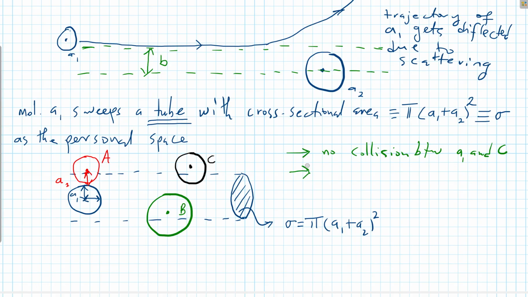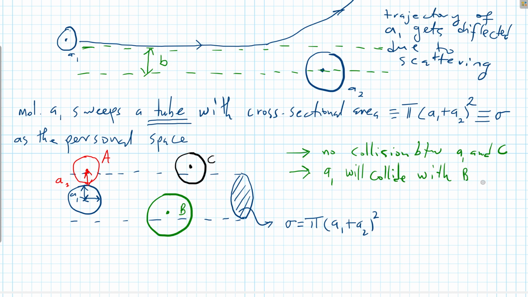But there are going to be collisions. A1 will collide with B, because molecule B has its center inside the tube, the personal space of molecule A1. The same thing with molecule A. The center is just on the surface of the personal space of molecule A1, so they're going to touch.